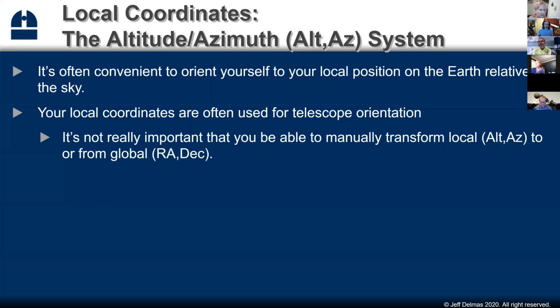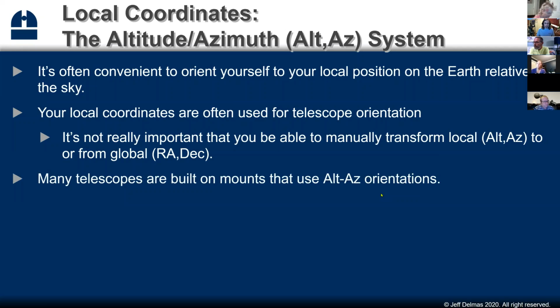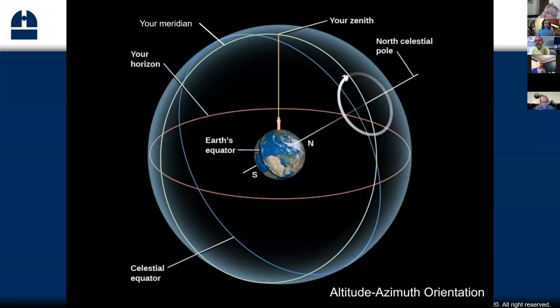Now, it's not really important that you ever be able to manually transform between ALTAZ and equatorial coordinates. You can use software to do that typically. I've never really had the need to do that. But many telescopes are built on mounts that use ALTAZ orientations. And this is what it looks like.